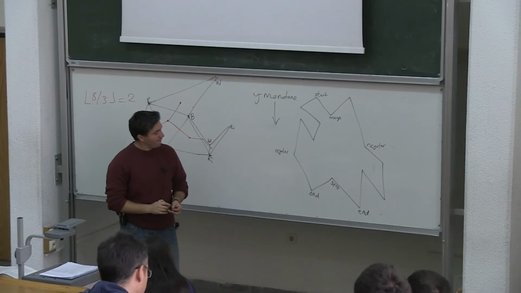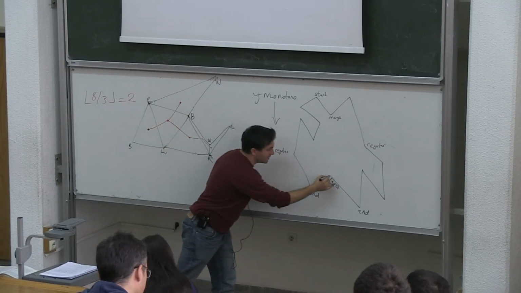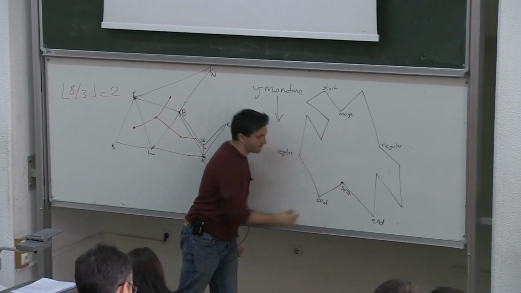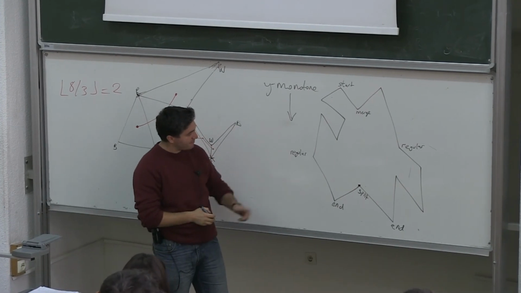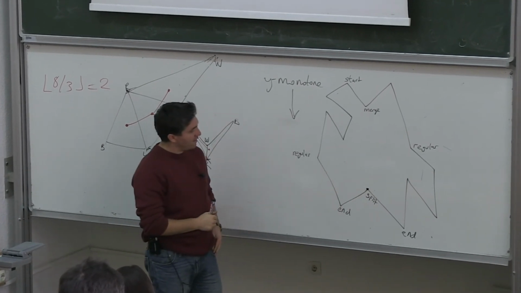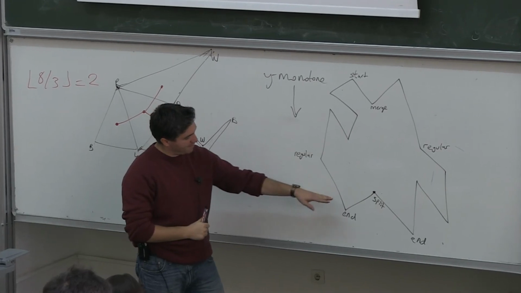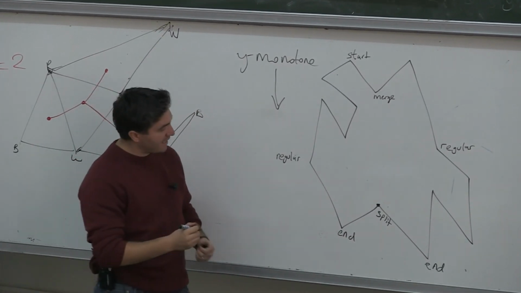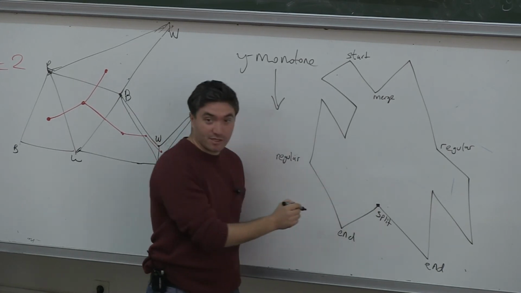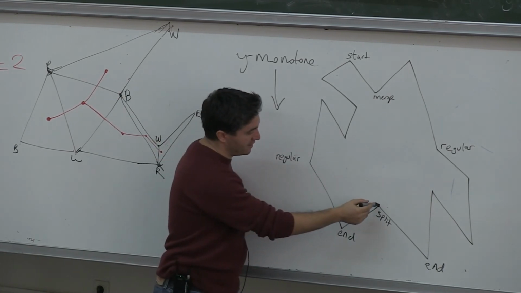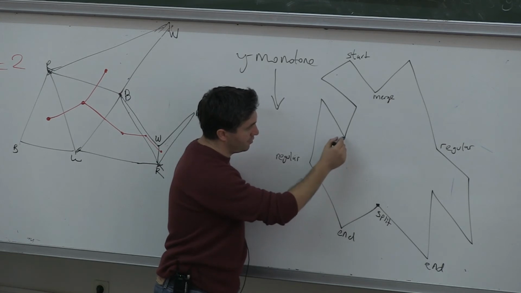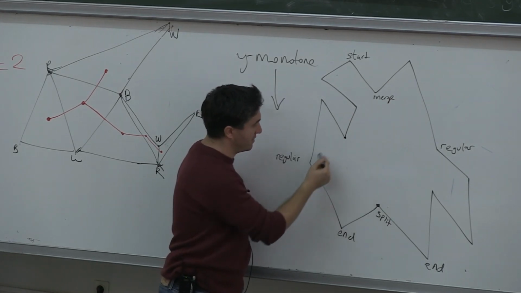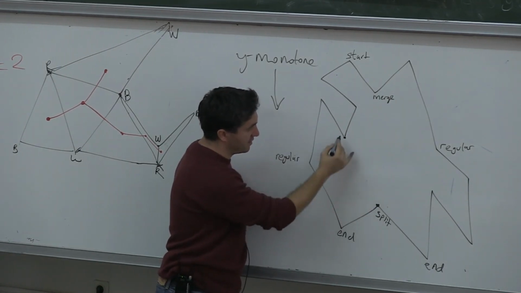When we come to a split vertex like this, as you can see, both its neighbors are lower than this vertex. If I can find a diagonal that connects the split vertex to an upper point somewhere else, it can either be this or this.